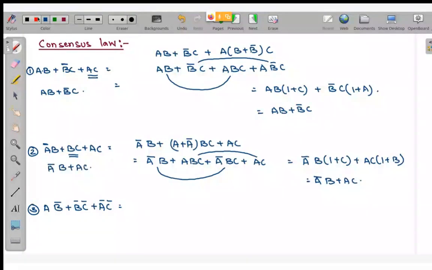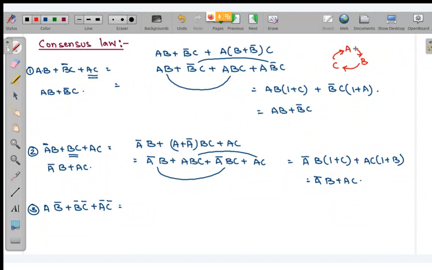Now let me share the trick with you. Look over here, A, B, C. Basically, look very carefully at the terms present over here: AB, BC, AC. These are all cyclic terms.